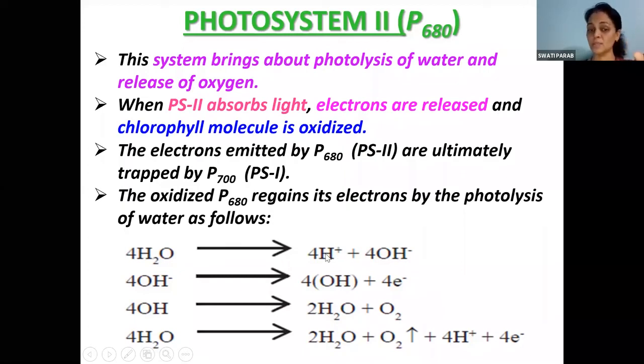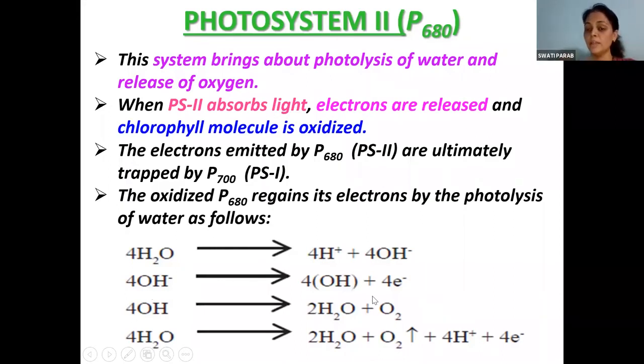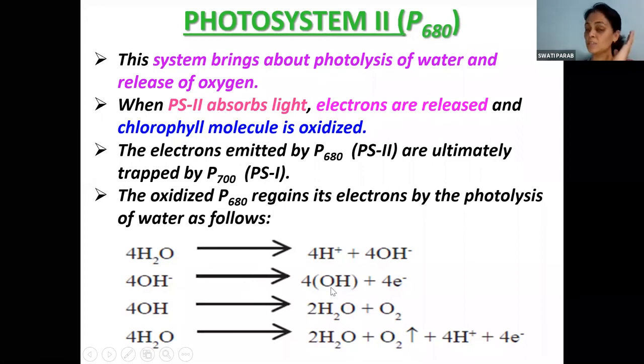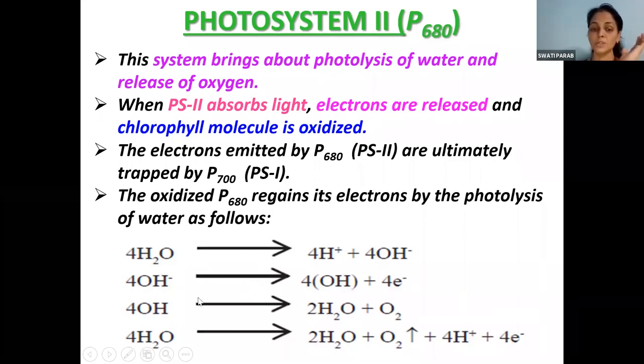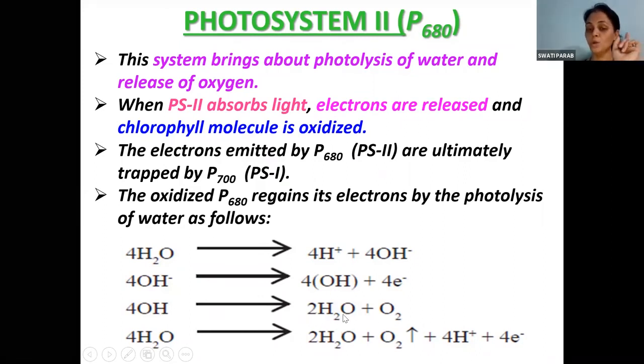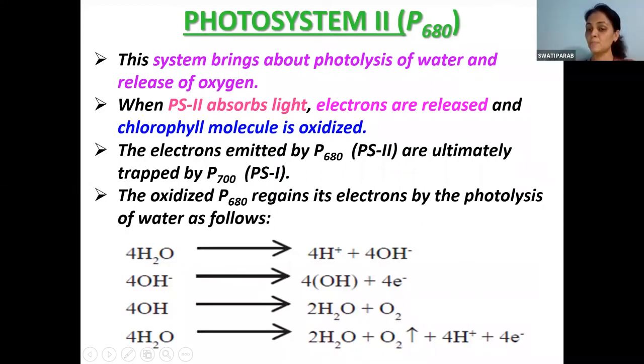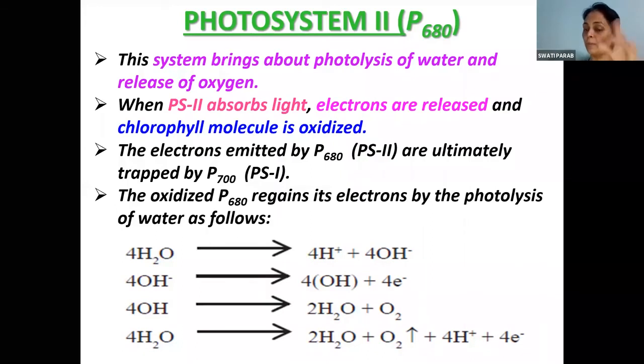We are concerned with 4 hydrogen atoms. When the 4 hydroxyl ions emit electrons and get oxidized, 4 electrons are released, isn't it? The 4OH converts to 2 water molecules with oxygen. So our byproducts are water plus oxygen plus protons plus electrons, correct? And where are these protons and electrons going to pass on?